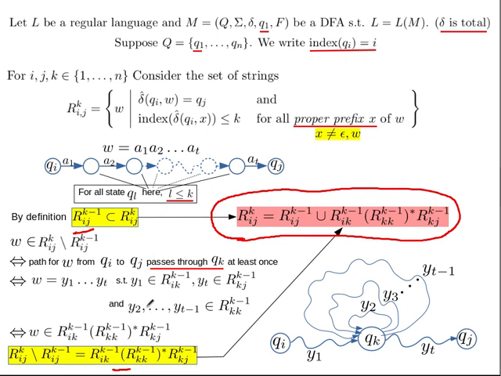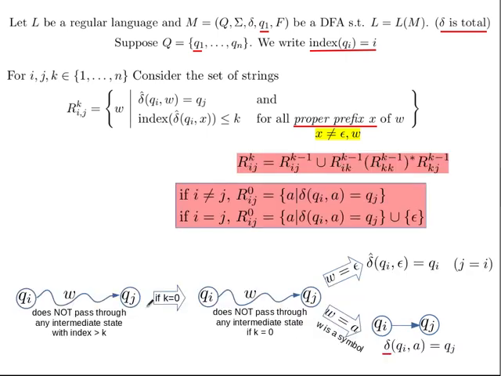Okay, so if you are fine so far, then let's move on. Now see, this equation gives us a recursive way of defining this Rijk, because you see this k is bigger than k minus 1, and so this thing is being described as some combination of simpler things.